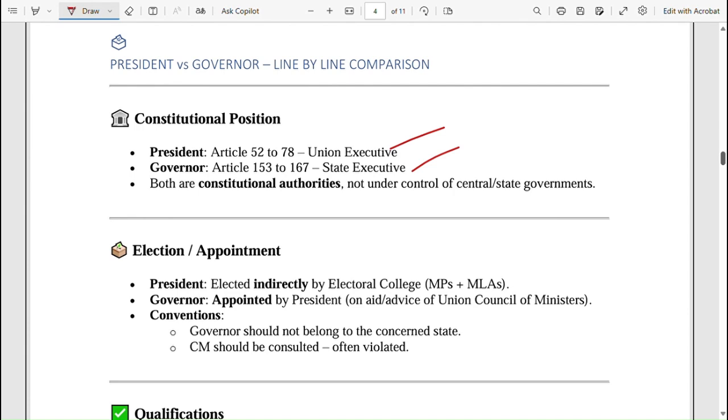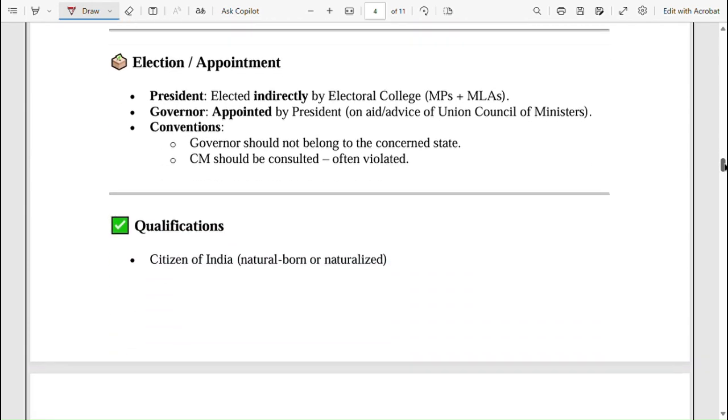Both are constitutional authorities, not under the state government or anything else, so they hold supreme powers. Then election and appointment: the president is indirectly elected by an electoral college of MPs and MLAs, whereas the governor is appointed by the president on the advice of the Union Council of Ministers, the ruling party.